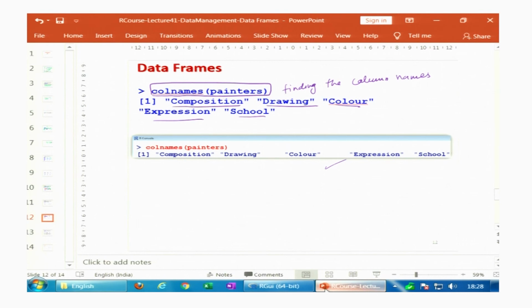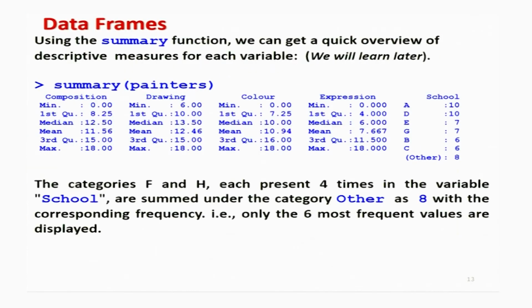So now you have seen these operations. Now I want to give you just one example of how data operations on data frames are going to help us. We are going to learn about this concept at a greater stage, and we have the function summary, SUMMARY. This summary function gives us a quick overview of the minimum value, maximum value, first quartile, second quartile, mean, and third quartile.